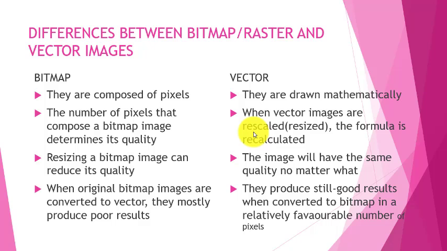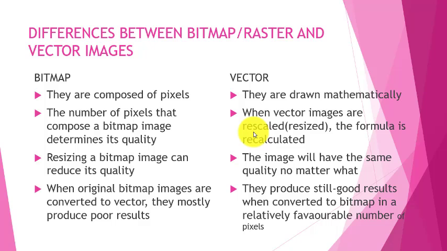Then resizing the bitmap image can reduce its quality. So if you scale it high, then it can lose its quality. While vector images retain their quality, no matter how much you scale it, no matter how big you scale it. You can scale it 2-fold, 3-fold, and it retains its quality. And when original bitmap images are converted to vector, mostly they produce poor results.